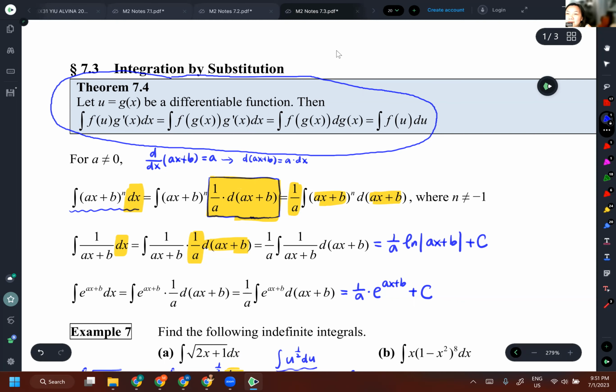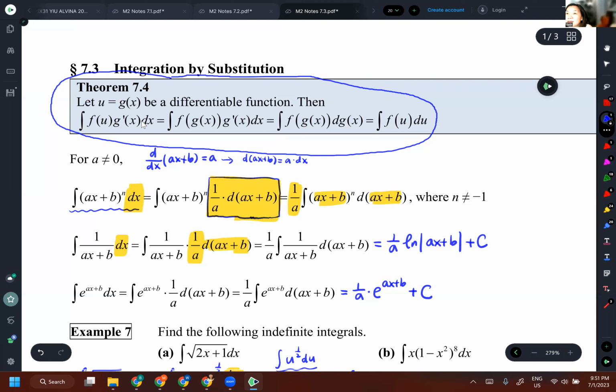You must realize that there is something that you can change to du entirely. And dx and du, the relation is not so easy. So what is the relation between x and u? You will see what I call a normal relation between u and x.